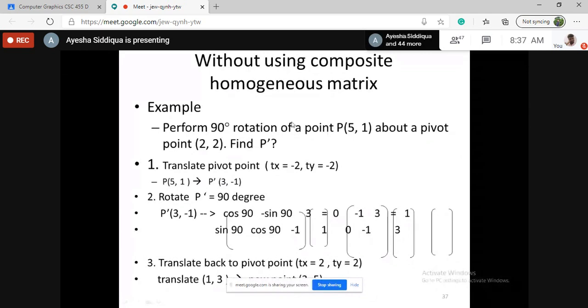See, the problem is that you have to perform the transformation, this time without using homogeneous matrix or homogeneous coordinates, but you have to use the pivot point. What type of problem have you solved so far? The first type was the 2D problem, then the second type was 3D with pivot point.